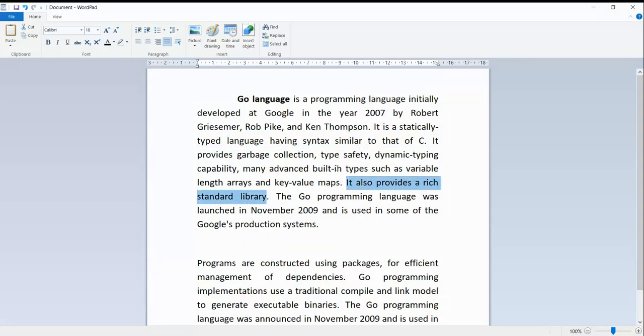So kaning rich standard library makaingon gid ka nga rich jud siya kay ang ilang standard library is almost tanan nga packages nga imong kinahanglan sa REST, sa tanan like mga JSON, tanan nga mga packages nga need nimo.